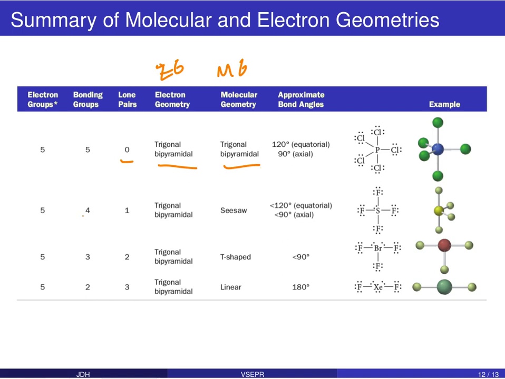You introduce 1 lone pair, put it in an equatorial position, and you end up with a seesaw molecular geometry. Pull off 2 bonds and replace them with lone pairs, both lone pairs occupy equatorial positions, and you end up with a T-shaped geometry. And finally, we saw how the linear geometry results if you put a total of 3 lone pairs.